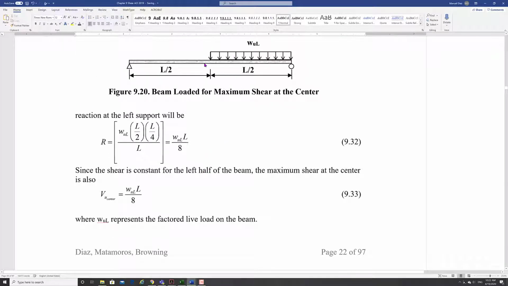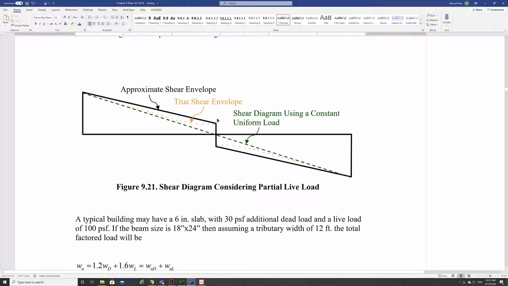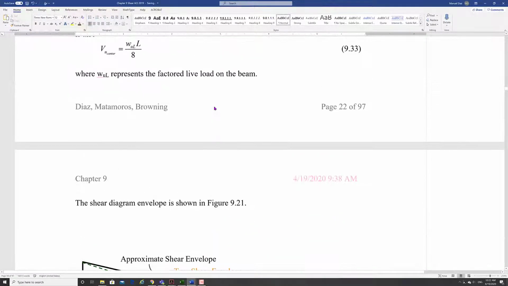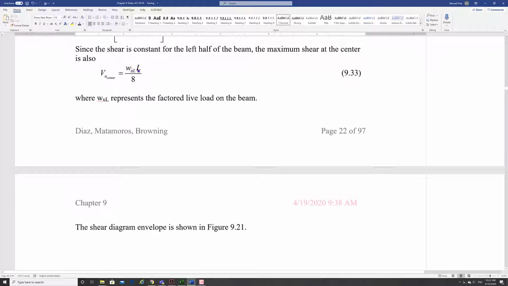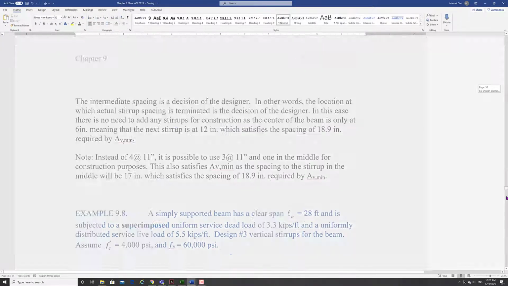So then that value at the center depends only on the live load and is equal to your live load times L divided by 8. Okay? That's the value, that shear, that we want here. So this value here, right, is equal to your factored live load times L divided by 8. And so that's what we're going to use in the calculation. Okay.